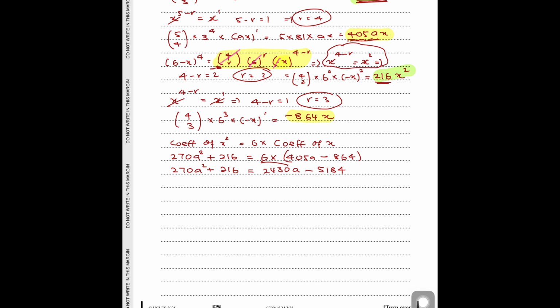Send everything to the left hand side: 270a squared minus 2430a, 5184 plus 216, 5400. Divide throughout by 270, so that gives me a squared minus 9a plus 20 equals 0. I can use a calculator. a is 5 or a is 4.